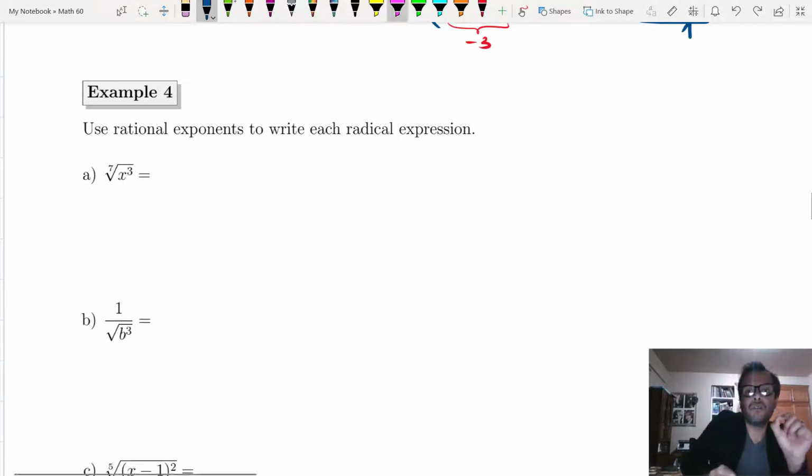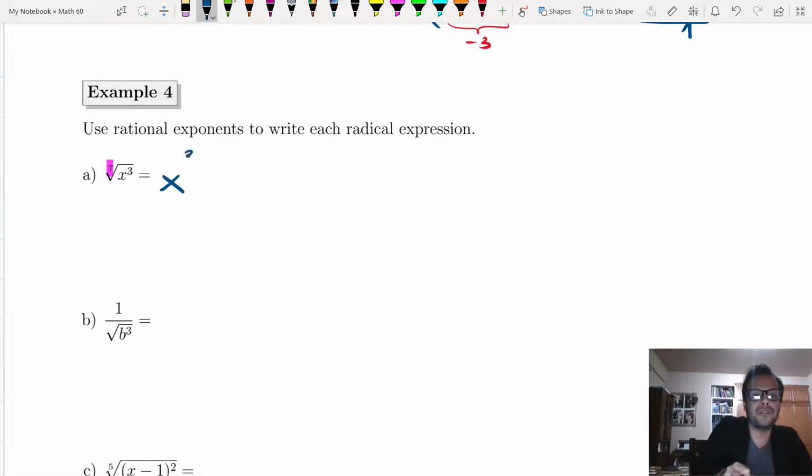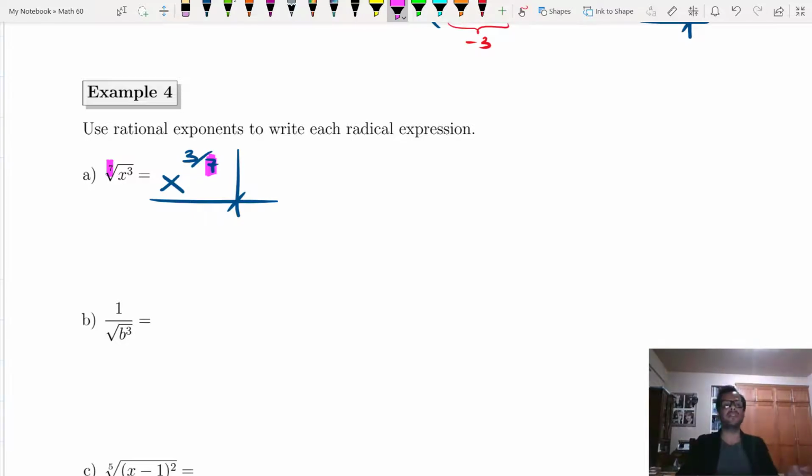In this case, we identify the index of the radical, and now doing this backwards, that's going to turn into the denominator of the rational exponent. So what are we going to get? We are going to get x to the 3 over 7. That's all we have to do, no more, no less. I'm going to highlight this 7 just so you can see where it comes from and where it goes.